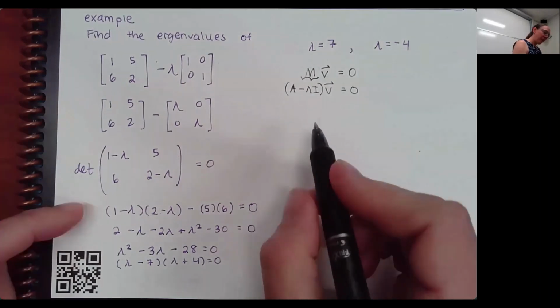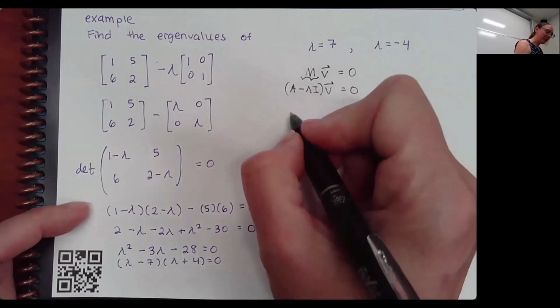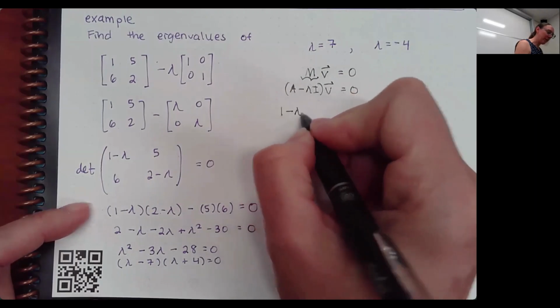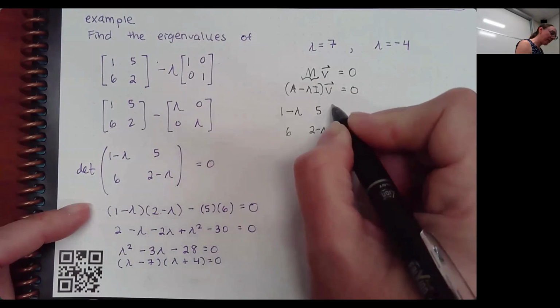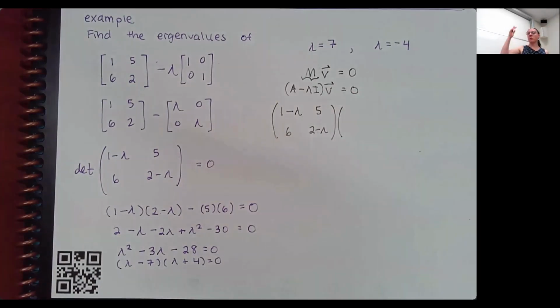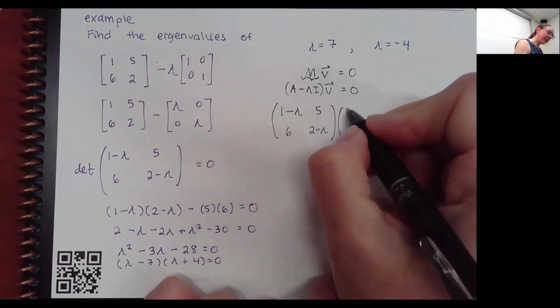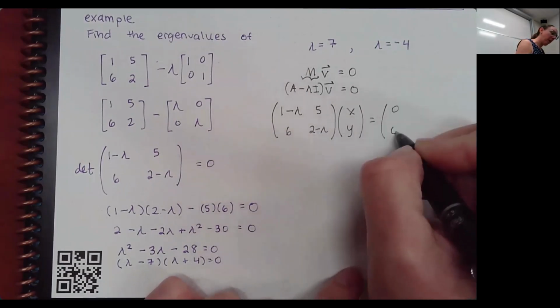So that A minus lambda I matrix looks like [1 minus lambda, 5; 6, 2 minus lambda]. And for my eigenvector, I just need something as a placeholder. So sometimes we like to use subscripts and call it x1, x sub 2. I'm going to stick with just x, y for now because I think our brains work a little bit better that way.